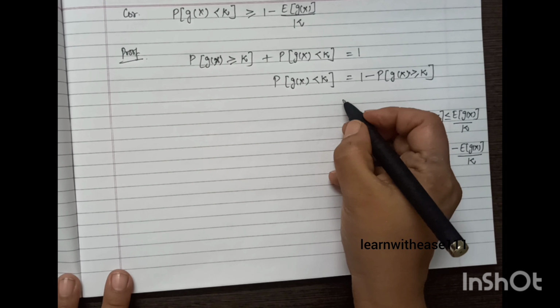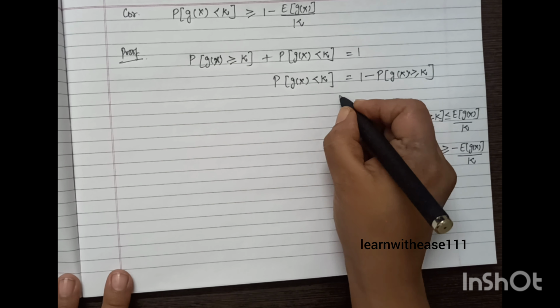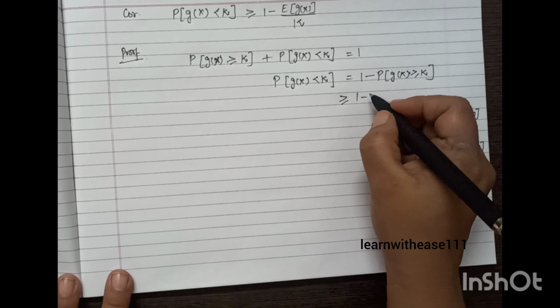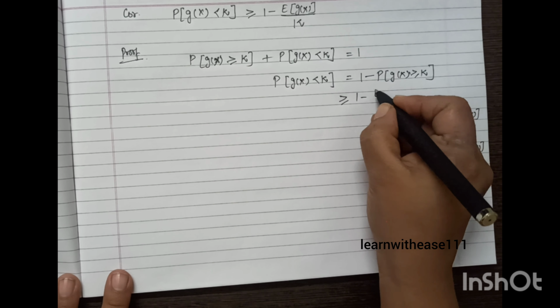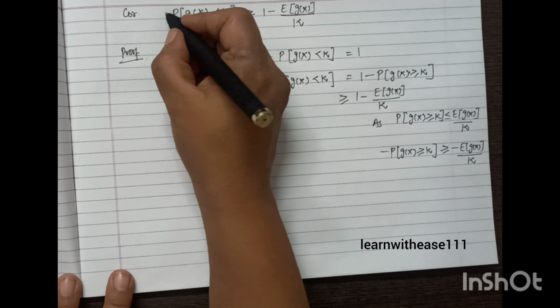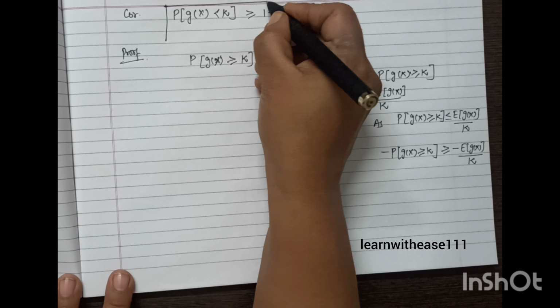So this is replaceable with greater than equals to 1 minus expectation of g of x upon k, right? So we need to remember this also as a result.